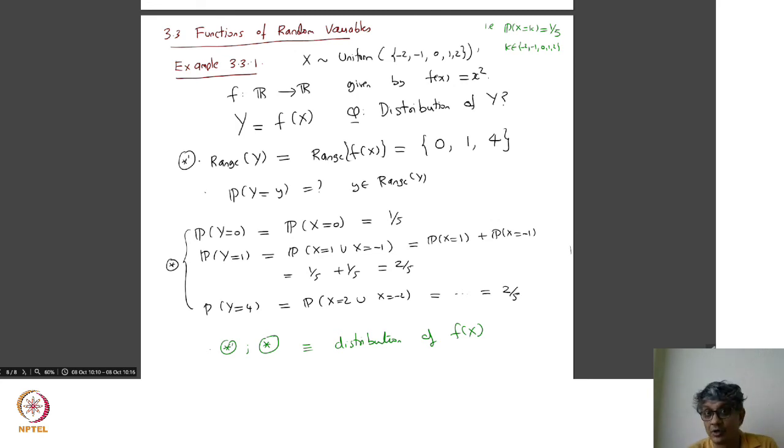Here the function was not one-to-one, so you have to be a little careful. You have to find the exact values of x that match the values of y and compute the probabilities. Excuse me. So let's do another simple thing we have seen before.